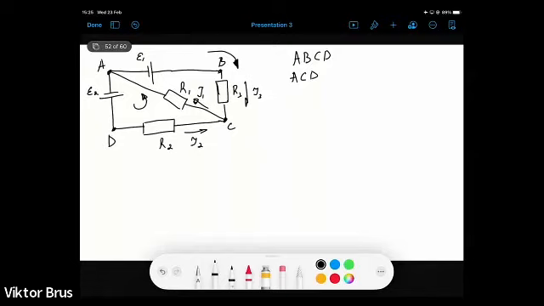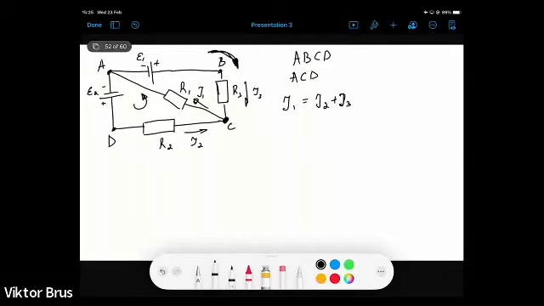So first of all, let us consider this junction C. Here we have two currents going into this junction and one current going out. So based on the junction rule, we can write that I1 is equal to I2 plus I3. Then if we consider loop ABCD, taking into account that our chosen path is the clockwise direction, we see that here we have plus minus and plus minus.